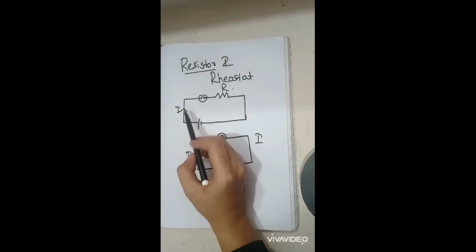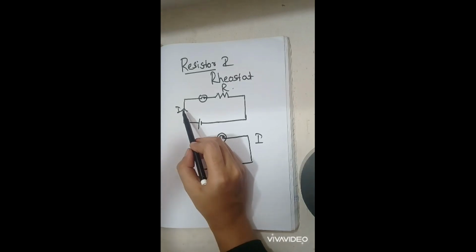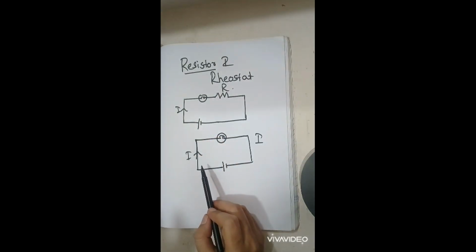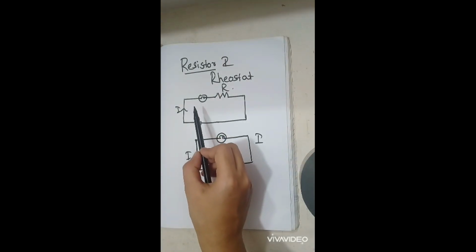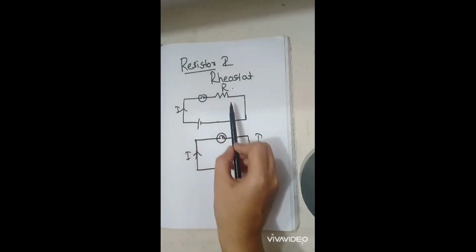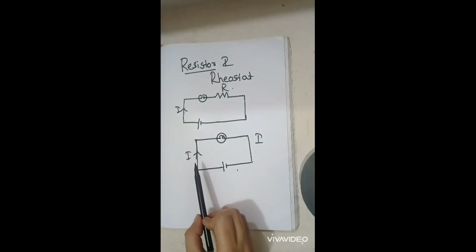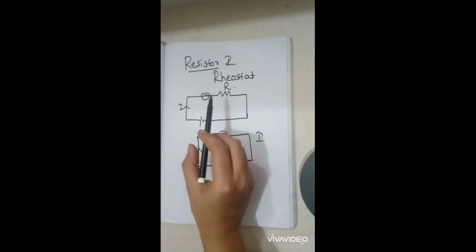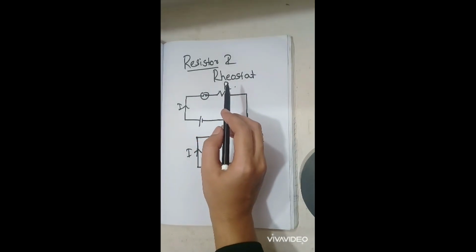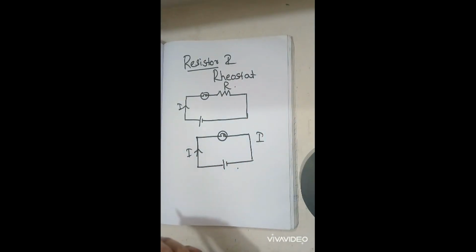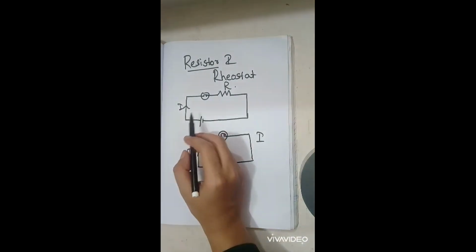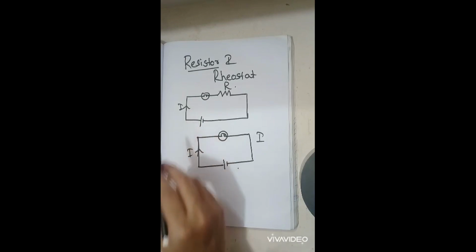Here the flow of current is very less than this case. In this case, there will be less current flowing through this circuit. In this case, more current. The resistor will resist the flow of charges and decrease the amount of current. That is, here I will be less.